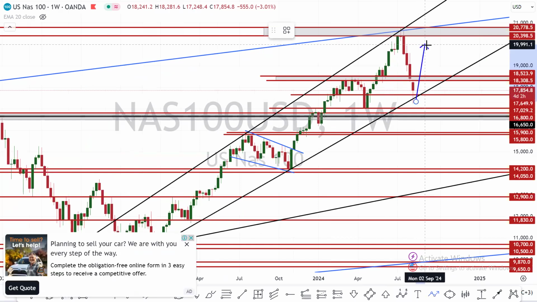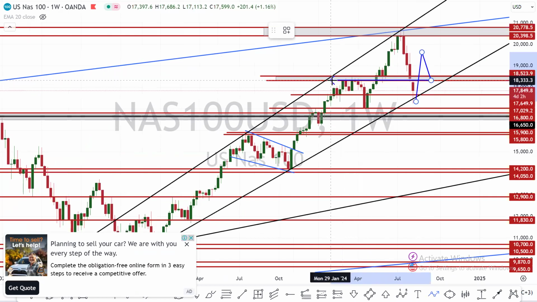The touch. We retest the fair value gap of that bearish movement. Then we come back to respect the previous supply zone, sorry, because it was breaking. This was a resistance. We broke it. We came back.